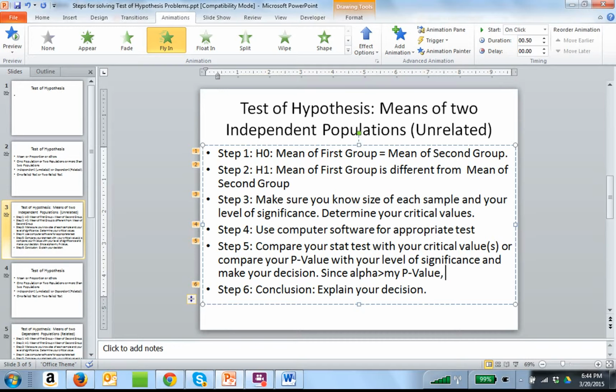I reject. I'm going to reject H0. So basically, I'm rejecting H0.